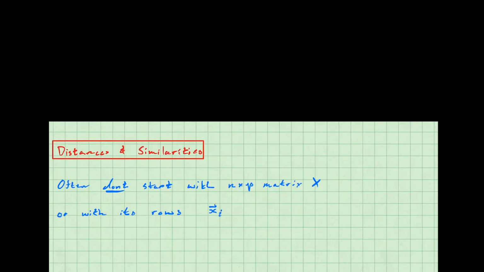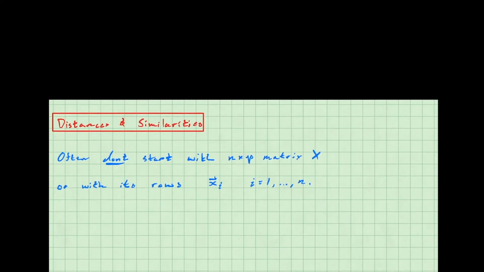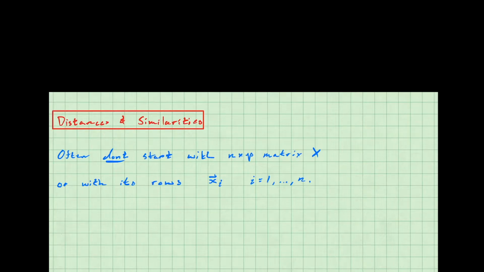So that's row i of the matrix X as a vector, written as a column vector, so i is equal to 1 to n different rows of these guys. And each of those has p elements in it. You often don't start with either one of those things, but instead you start with the distances between them. And sometimes that's all you actually know.